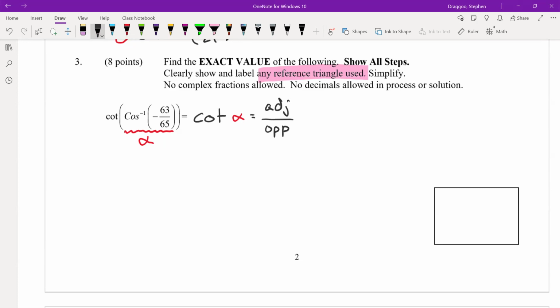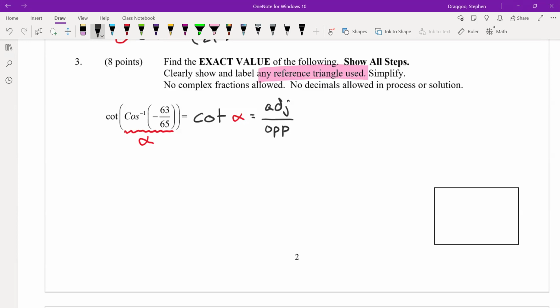So I'm going to create a reference triangle based on the information I have for the angle that I've called alpha. And then once I have that reference triangle fully completed, I can then just find the adjacent and the opposite sides. So that's my game plan. So let's break that reference triangle down. I should come back and look at my cosine inverse function.